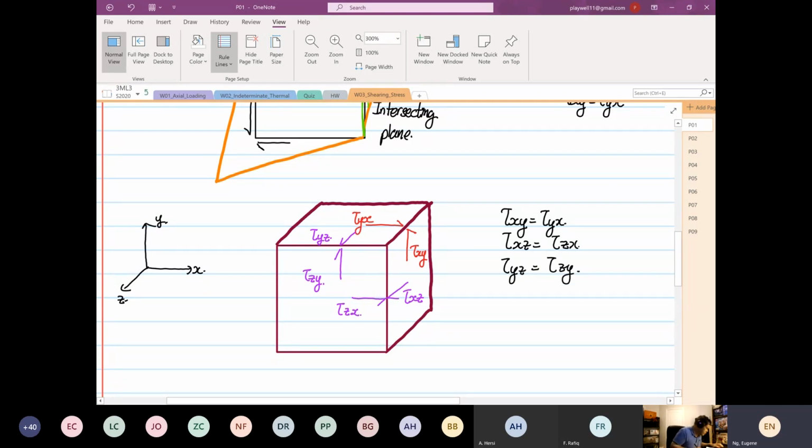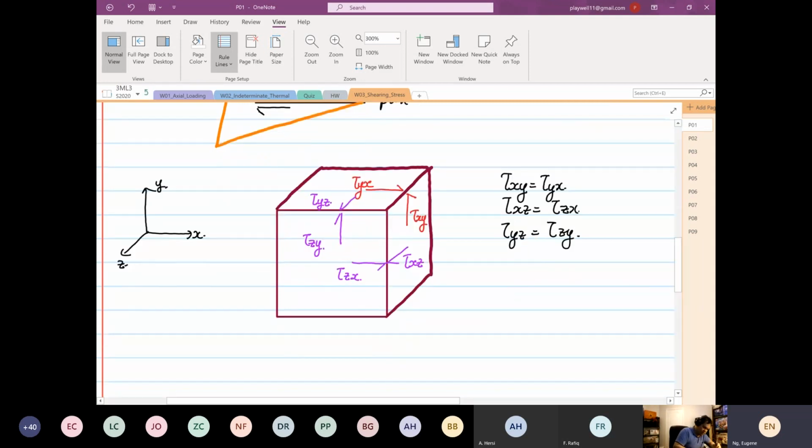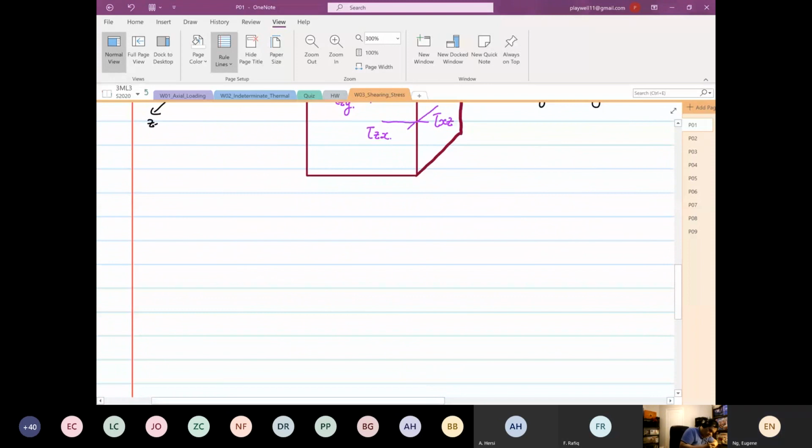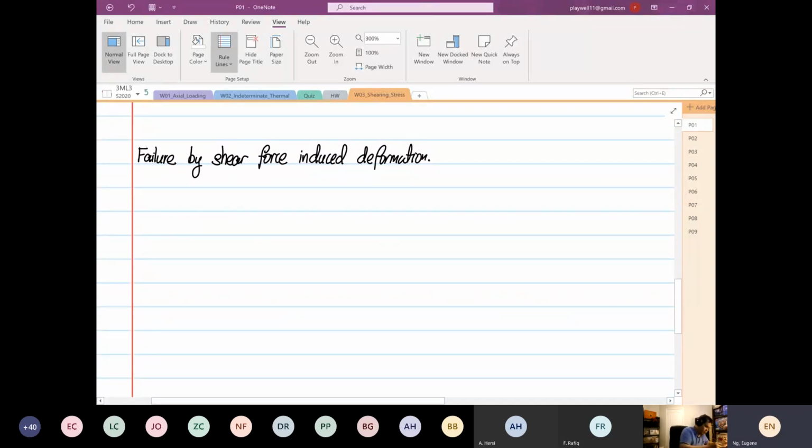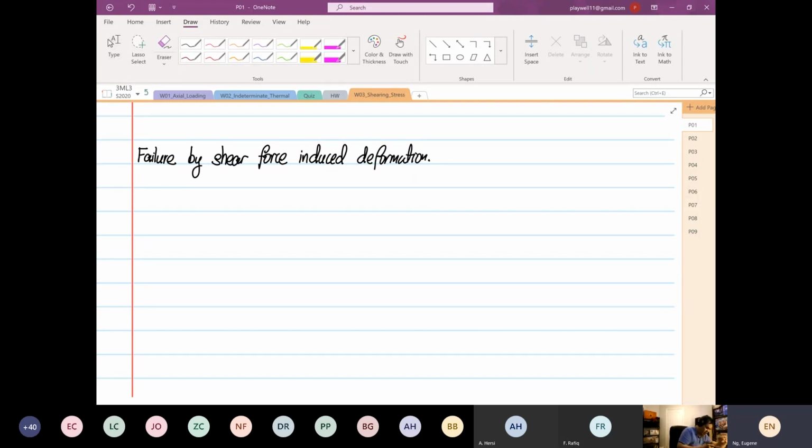Now, let's look at how the structure will fail by shear force induced deformation. If you have a cantilever beam, I'm just speaking of an example of a cantilever beam.